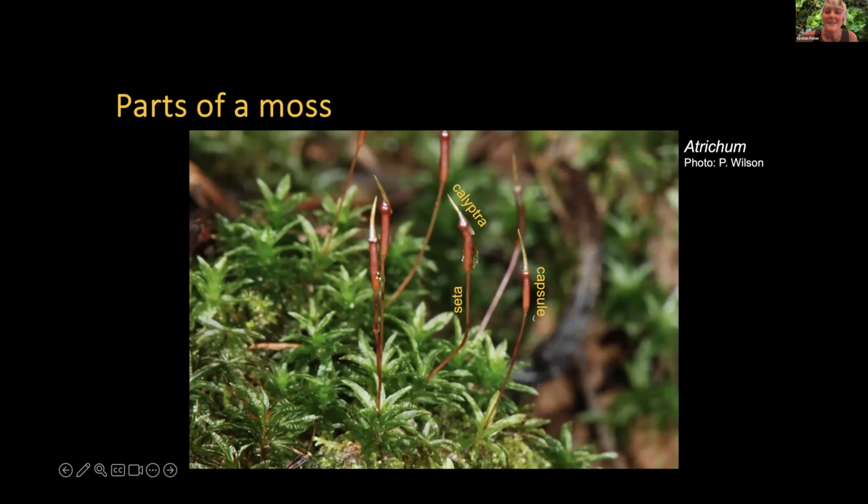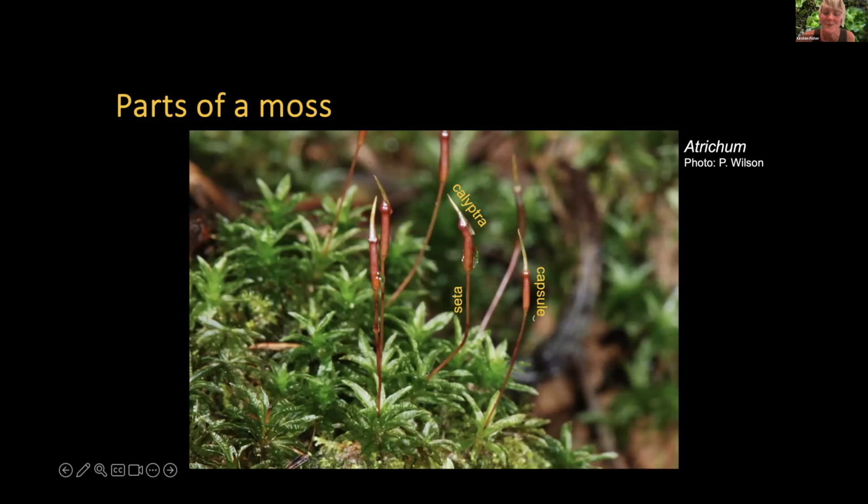And then at the opening of the capsule, at least while the sporophyte is developing, is this piece here. It looks kind of like a beak, and that's called the calyptra. So it's kind of like a little hat that sits on top of the sporophyte. And the calyptra is actually really important to the sporophyte's development. It comes from the maternal gametophyte plant.